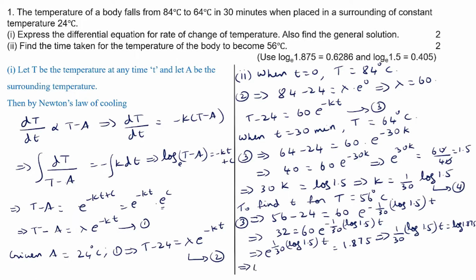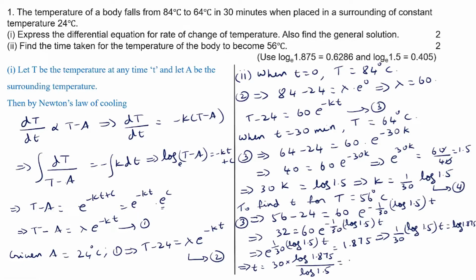So this implies T is equal to 30 into log 1.875 upon log 1.5. All these are to the base e. Here the values of log 1.875 and log 1.5 are given. We can substitute that and we can find the value of T.